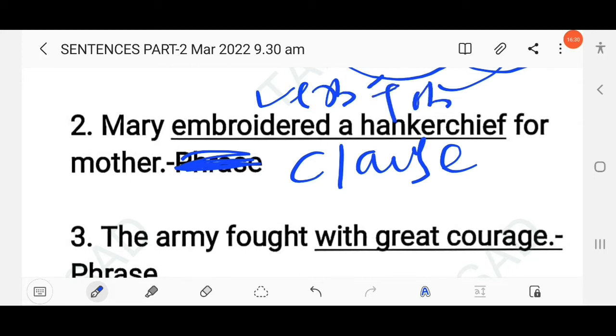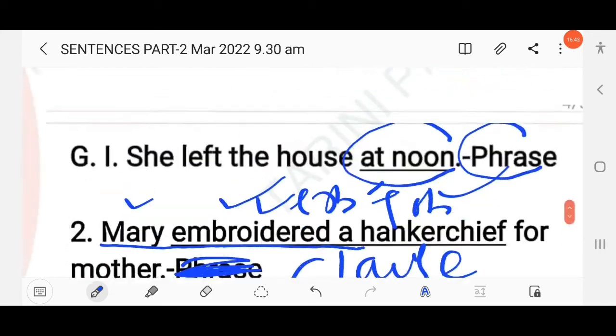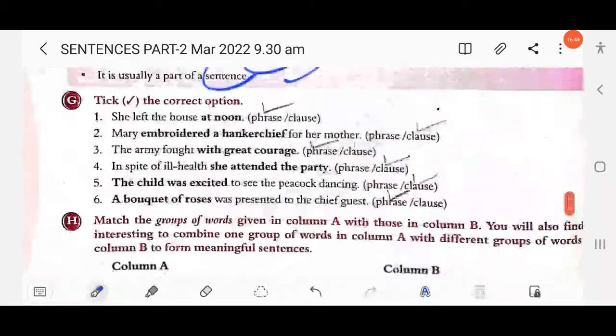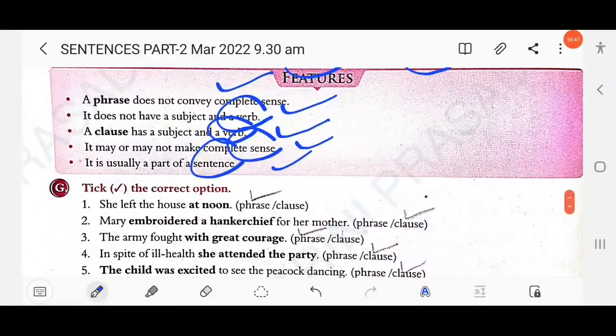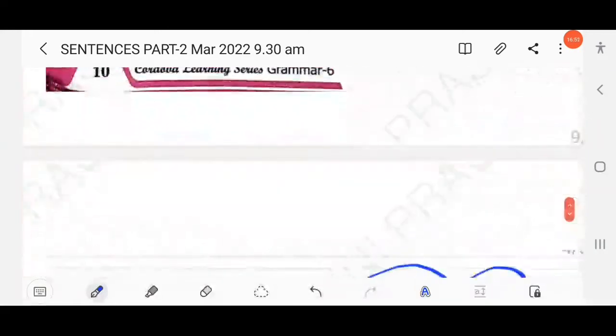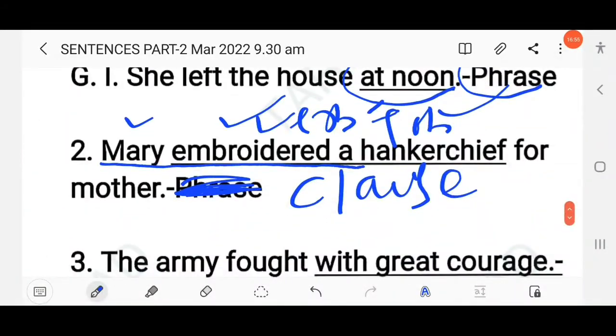I think there is something wrong in the question. It should start from here: Mary embroidered a handkerchief. So this is a clause, as there is a verb and a subject. As we have already discussed, a phrase does not have a subject and a verb. So here, embroidered a handkerchief, this is a verb and there is an object, so this will be called a clause, not a phrase.